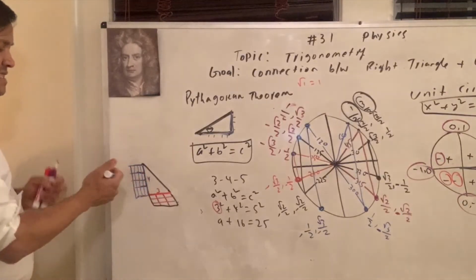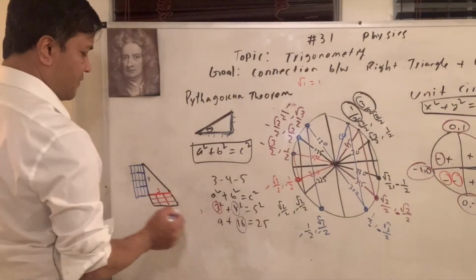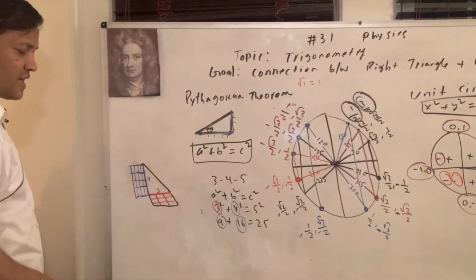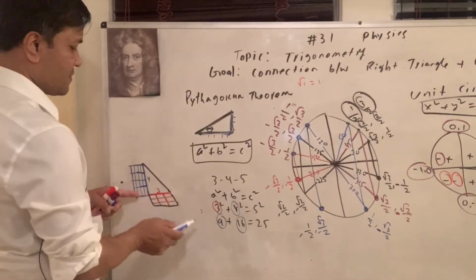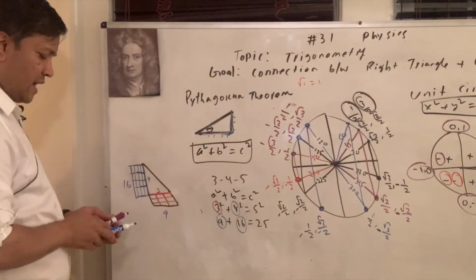So it's 16 over here because 4 square is 16. So I have 9 over here, I have 16 over here. So 16 plus 9 is 25, which is amazing.